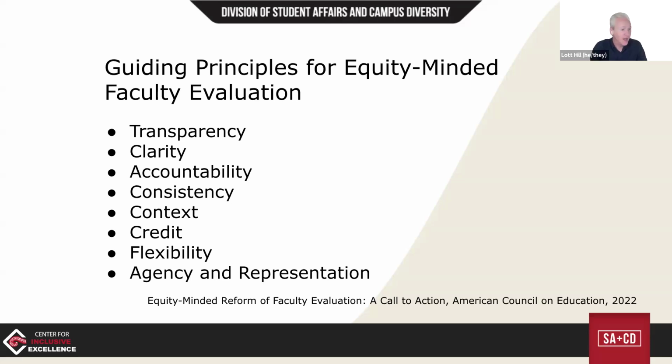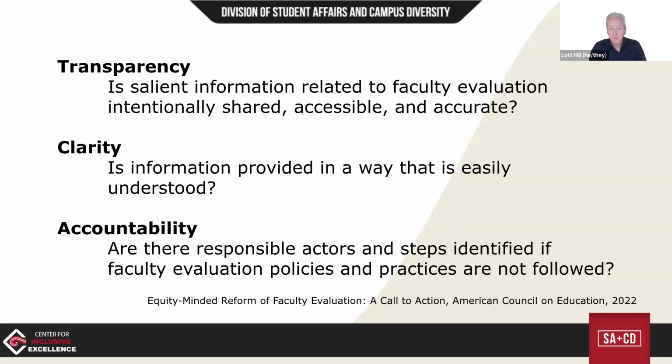The guiding principles for equity-minded faculty evaluation, as articulated by the American Council on Education, include transparency, clarity, accountability, consistency, context, credit, flexibility, agency, and representation. To review each of these principles that the ACE report suggests are potential areas where bias may influence faculty evaluation at most institutions, we'll explore a series of questions that we can reflect upon as we consider how we mitigate bias on our own campus.